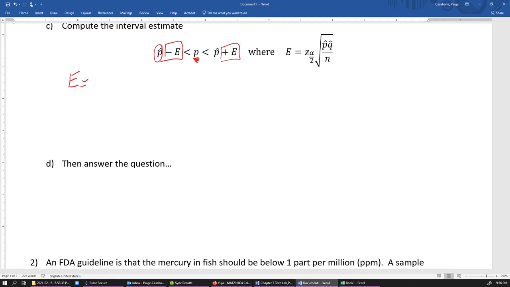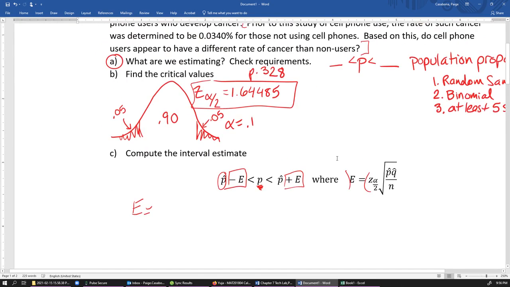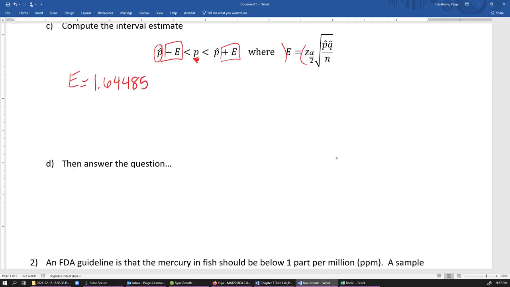So the first step here is to figure out what is the margin of error. This is z alpha over 2, that critical value that I just computed. So this is the number from Excel from before.